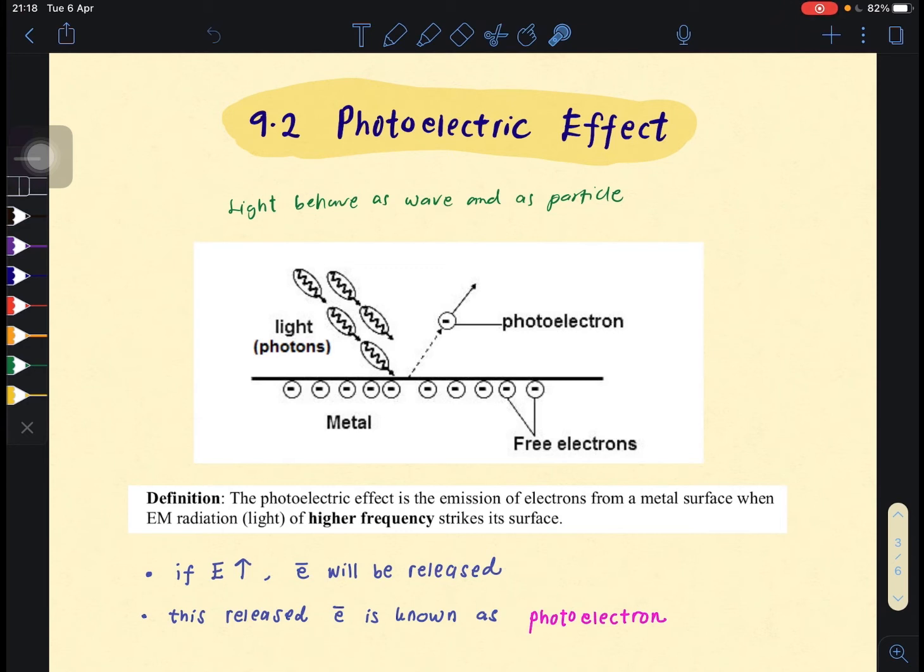Why does this happen? It is because we know that light comes in discrete packets, right? Discrete packets, so this is a packet. These discrete packets, we call them photons. And we know light carries energy. So this energy from the light, from the photons, is absorbed by the electron here.